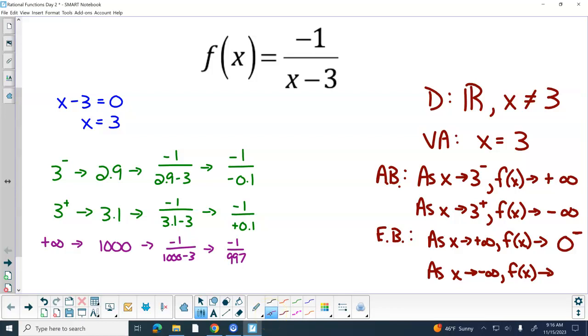Then we go out to negative infinity. So let's say negative 1,000. What can you tell me about negative 1 divided by negative 1,003? It's positive, so it would approach 0 from above. Remember with y is above.